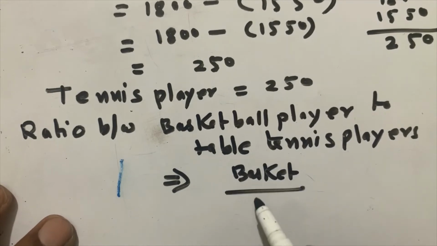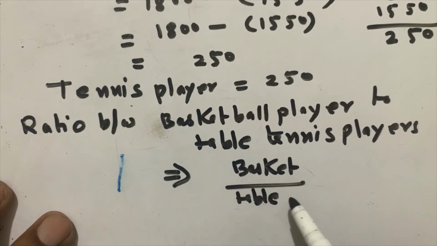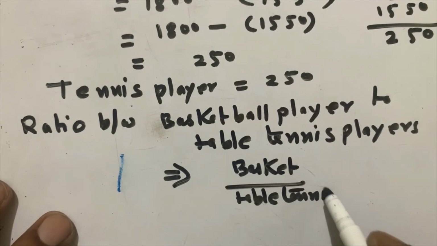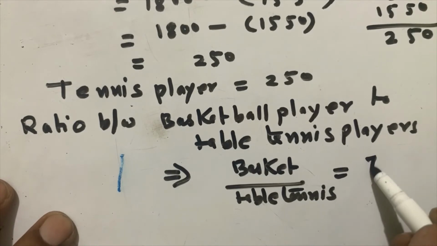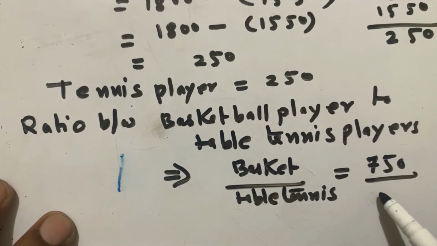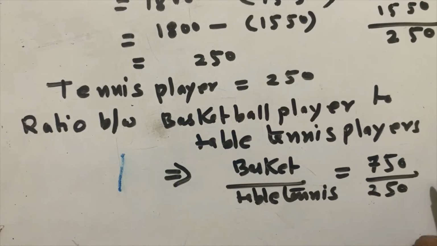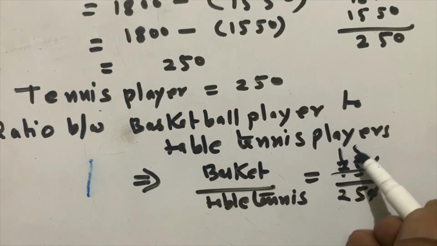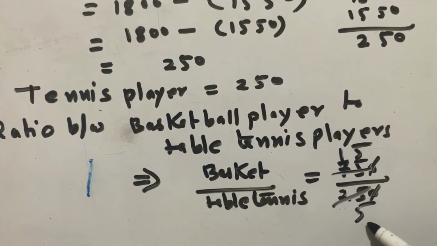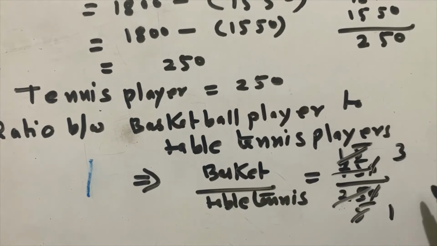Basketball players are 750. Table tennis players are 250. Now we will cancel the 0 and read the table of 5. 5 1s are 5, 5 5s are 25. Once again, 5 1s are 5, 5 3s are 15.